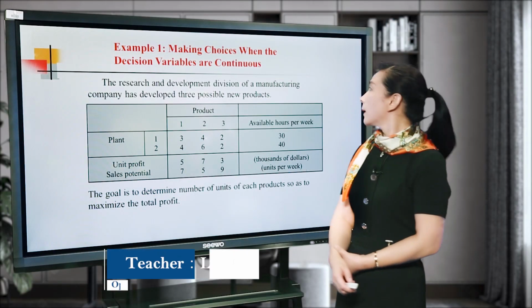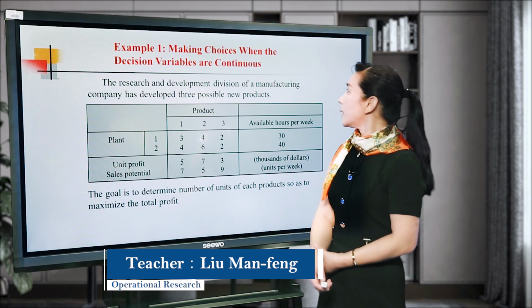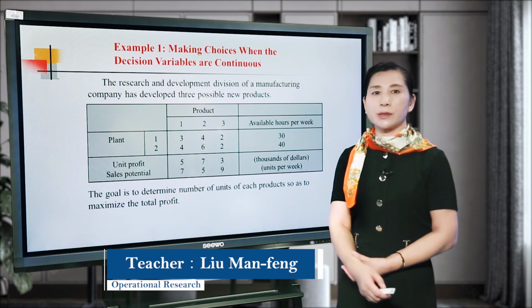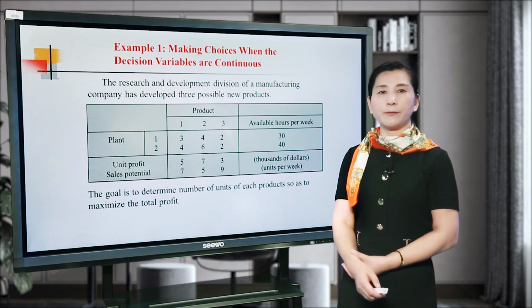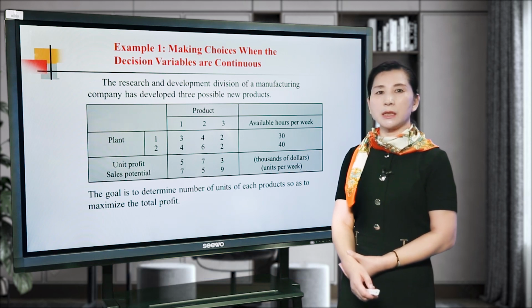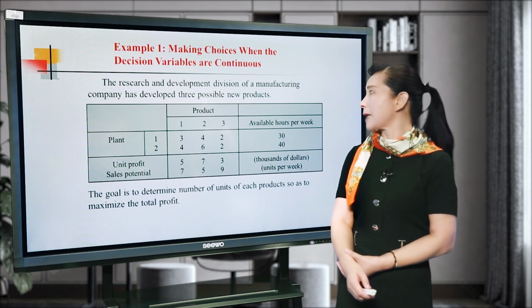Example 1. Making choices when decision variables are continuous. The research and development division of a manufacturing company has developed 3 possible new products.